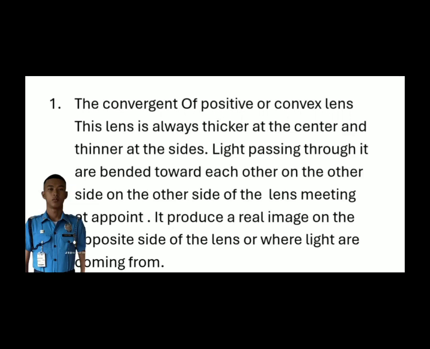This lens is always thicker at the center and thinner at the sides. Light passing through it is bent towards each other on the other side of the lens, meeting at a point. It produces a real image on the opposite side of the lens from where light is coming from.